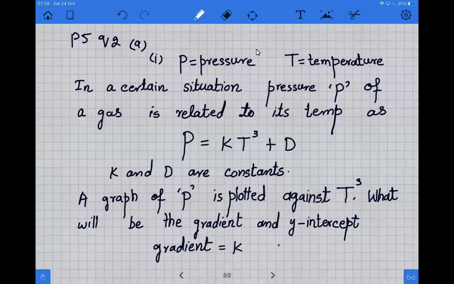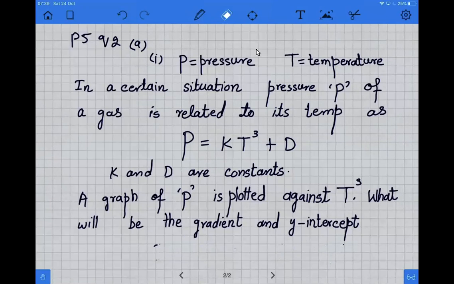Gradient is K and y-intercept is D. But how are we finding that?